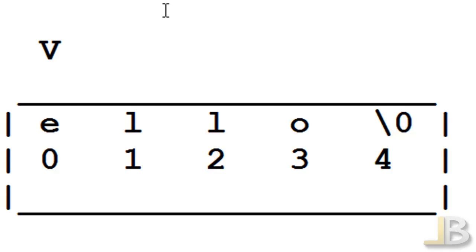And let's say you threw this into a print function. First it would go to e, then it would increment to l, and then increment to the second l, and so on and so forth until it got to this weird looking character at the end with a slash and a 0. That's null.